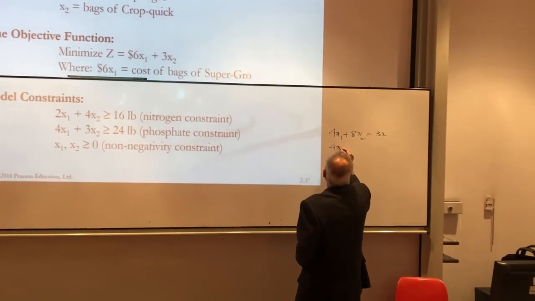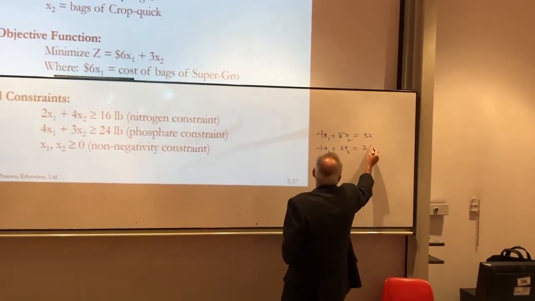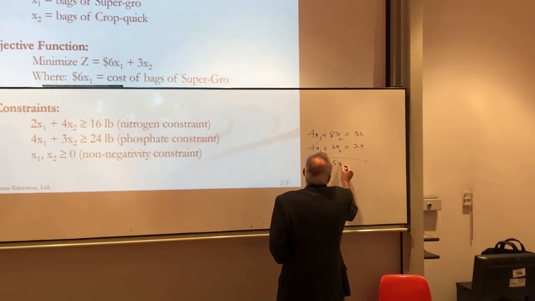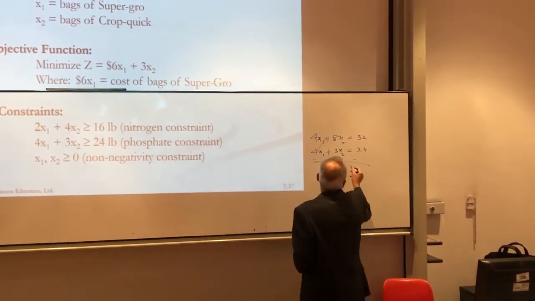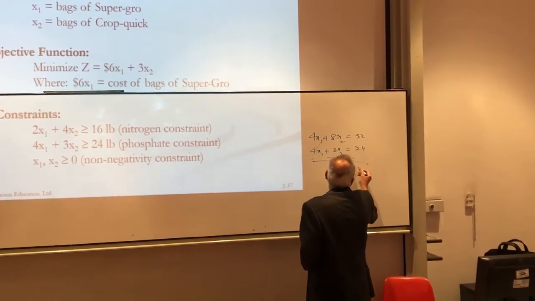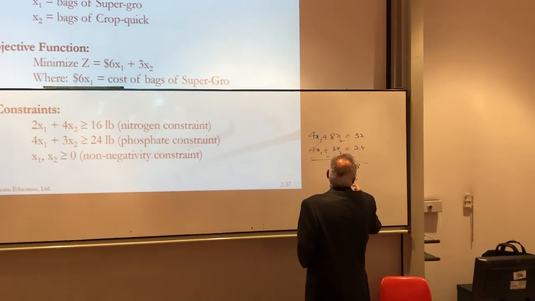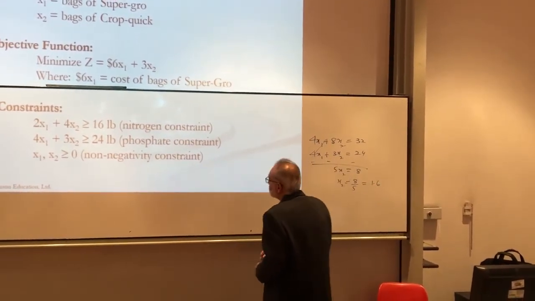And 4x1 plus 3x2 is equal to 24. Then we have 5x2 is equal to 8. X2 is equal to 8 over 5, which is equal to 1.6.